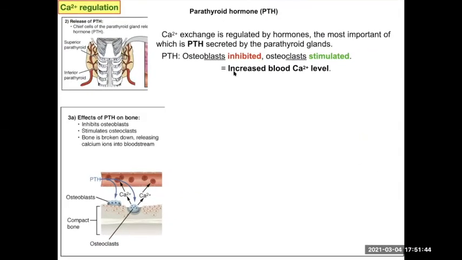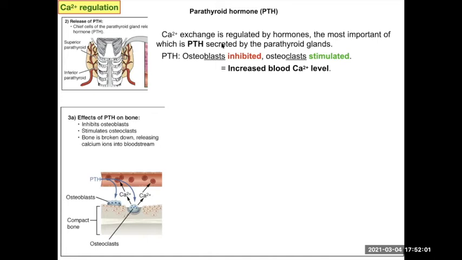The first thing about regulating is this hormone, parathyroid hormone, released from the parathyroid glands in response to low calcium levels.